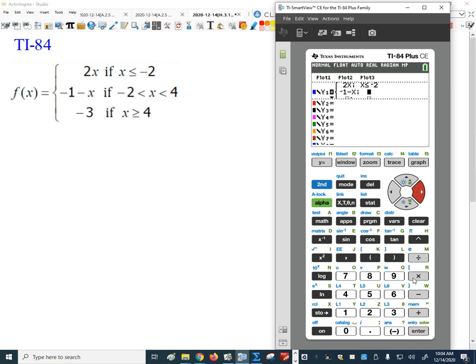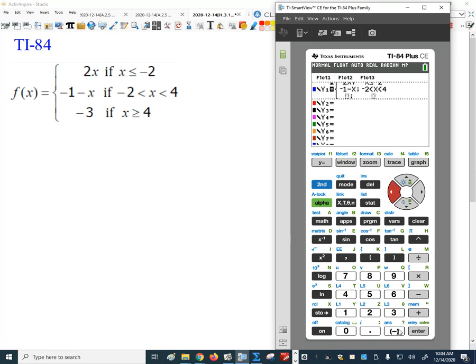I can go -2 is less than, and there's no shortcut to that. I have to go through the test menu, unfortunately. So I go second test 5, x. So x is greater than -2 and less than 4.